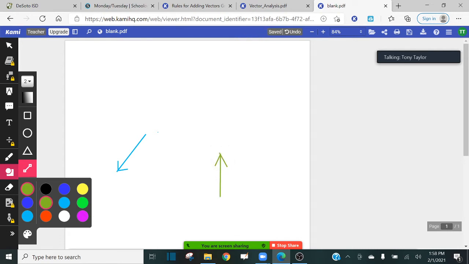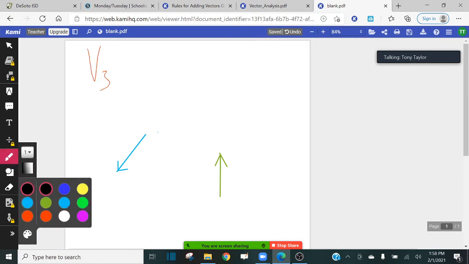And I ask you to combine those two vectors to get the resultant vector v3. So v3 is a combination of vector 1 and vector 2. Okay. So if I was to add up those two vectors, what would the resulting vector look like?